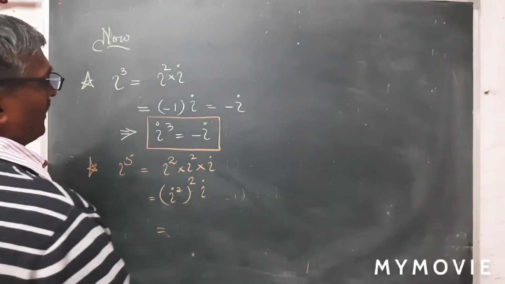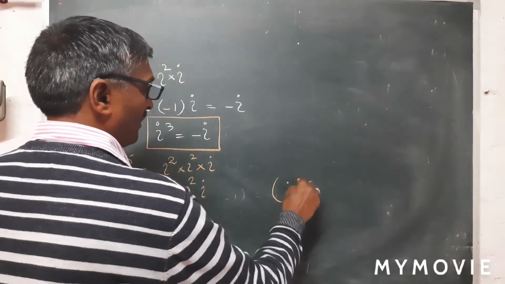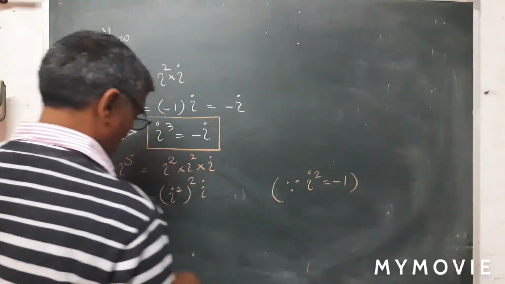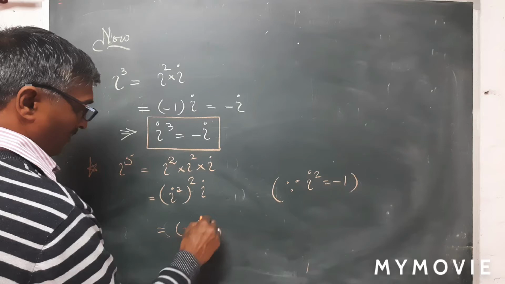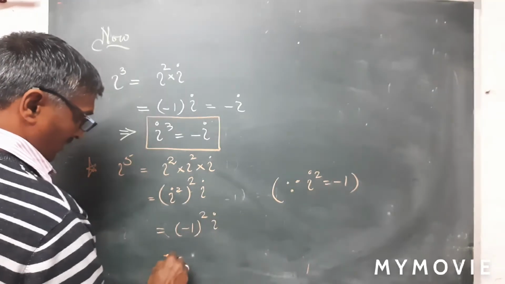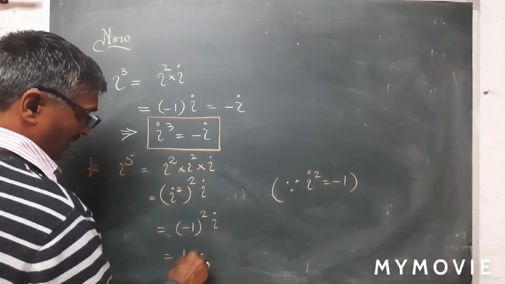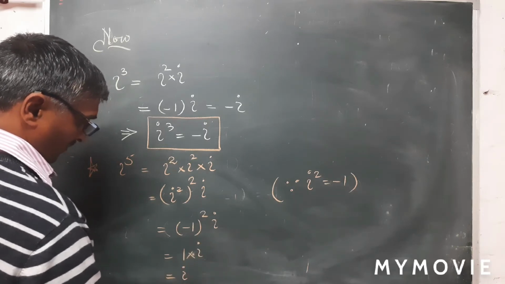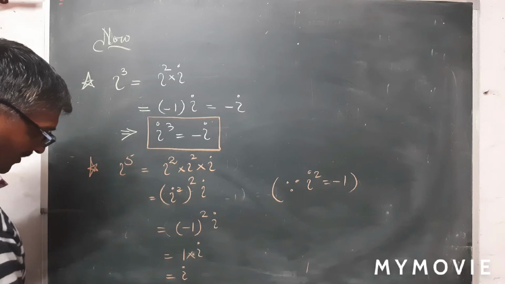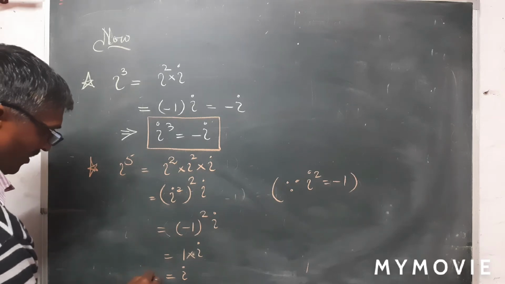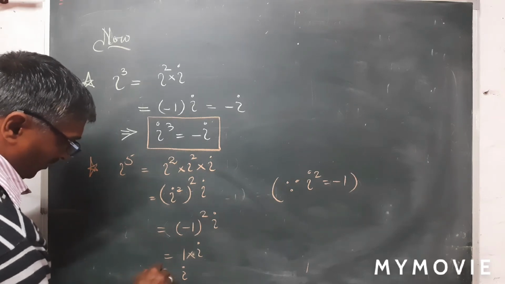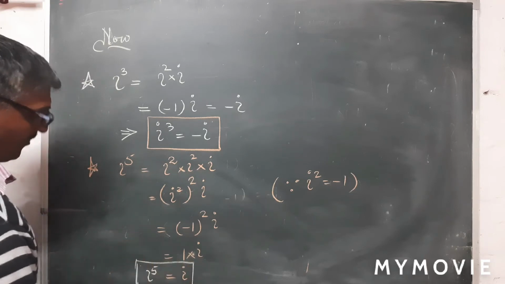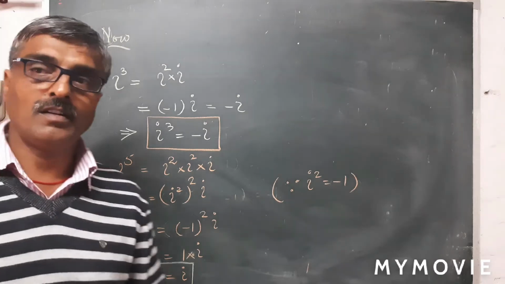Since iota square is equal to minus 1, write down minus 1 to power 2 into iota. That is 1 into iota, which is equal to iota. Which implies iota to power 5 is equal to iota. Right?